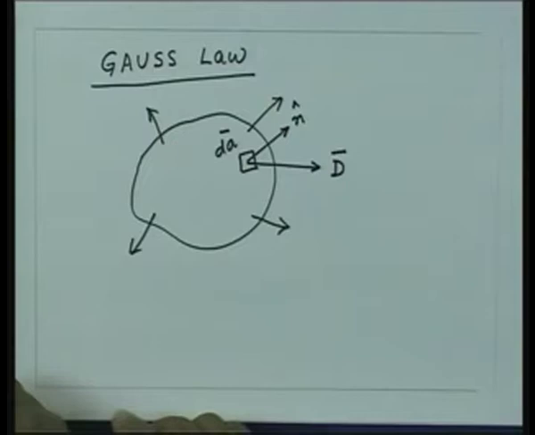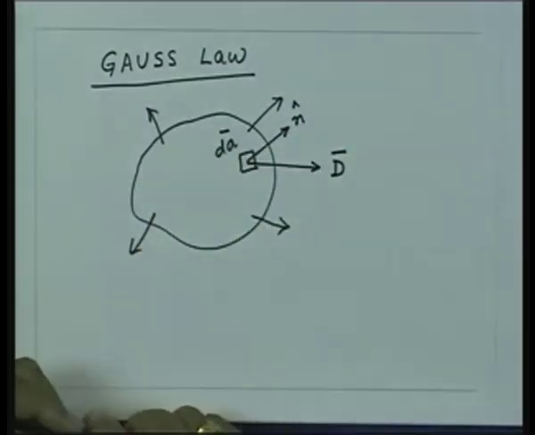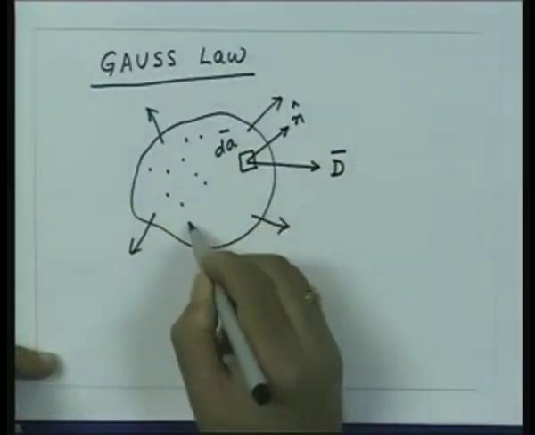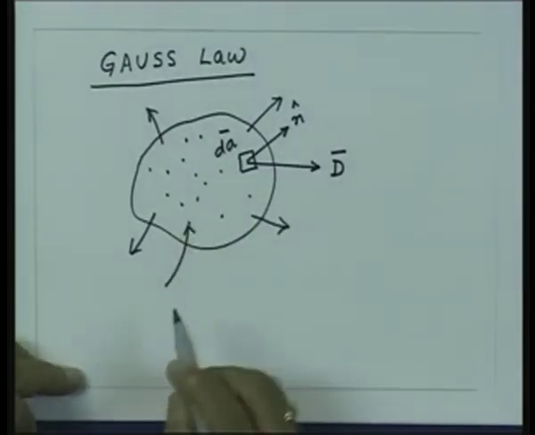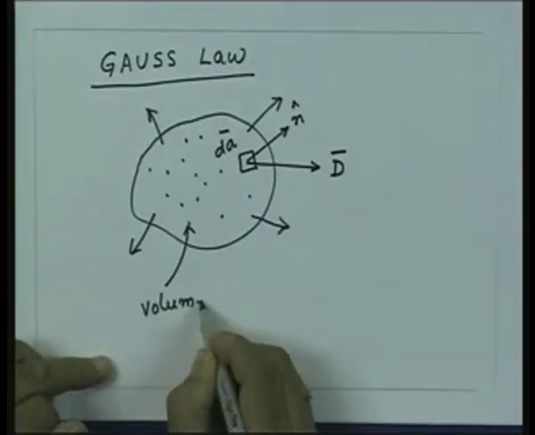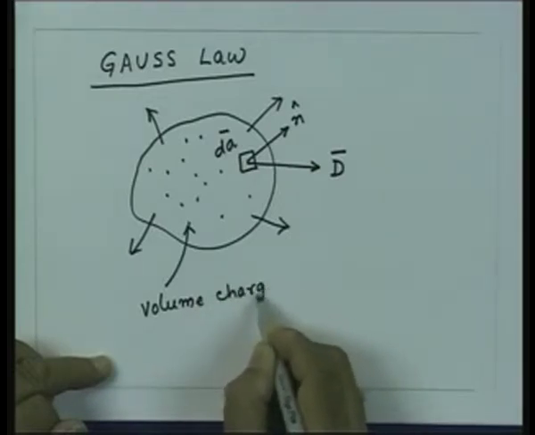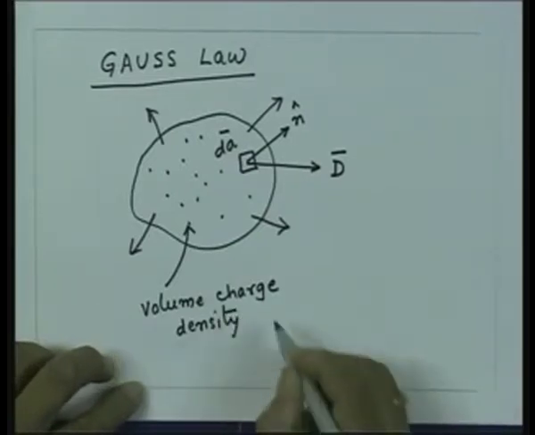Then let us say in general we are having charges which are distributed inside this surface, and that can be characterized by the charge density inside this surface. So, let us say I have the charges which are distributed in this closed surface, which are denoted by the volume charge density denoted by rho.